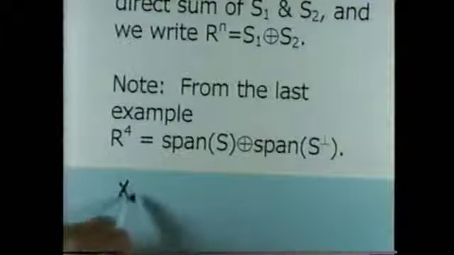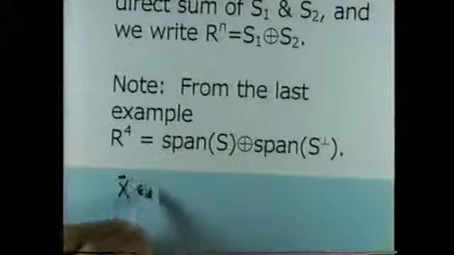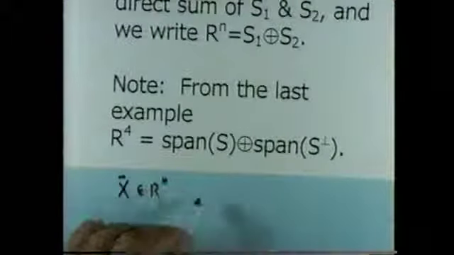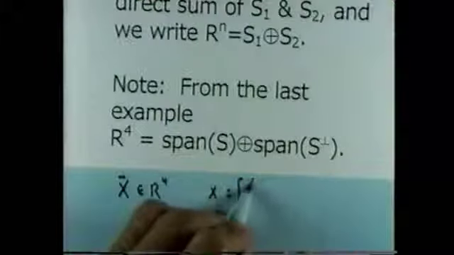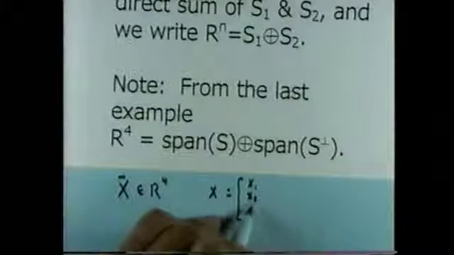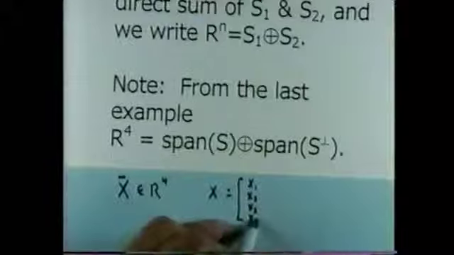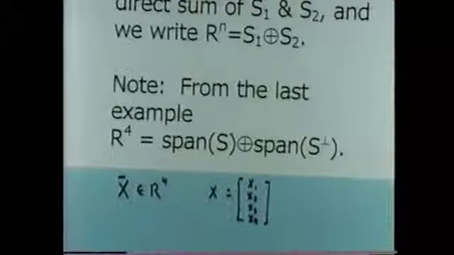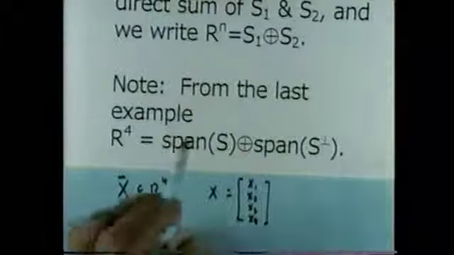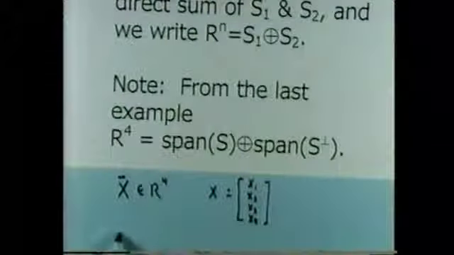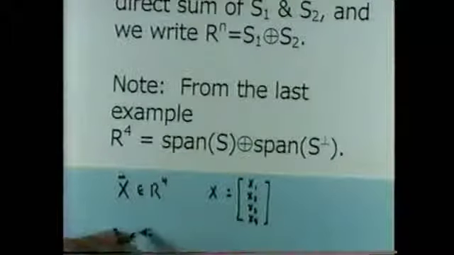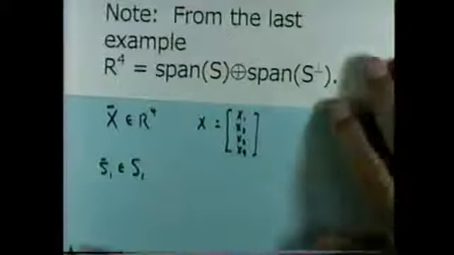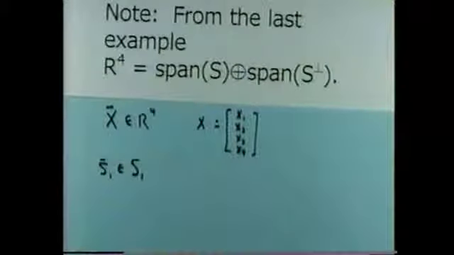So we'll let x be any vector from 4 space. So that means x is going to be of the form x1, x2, x3, x4. And we need to choose vector S1 from set S1. Well, set S1 is going to be the span of S.